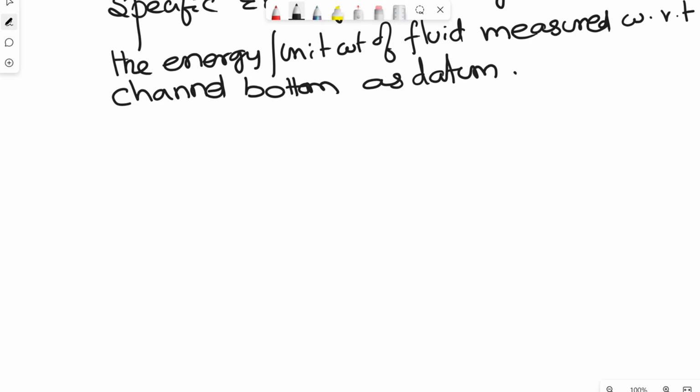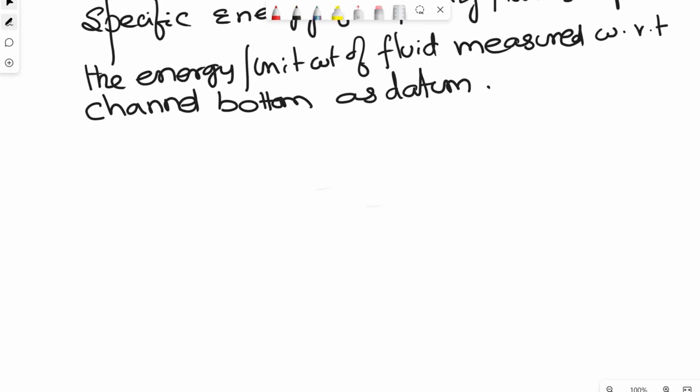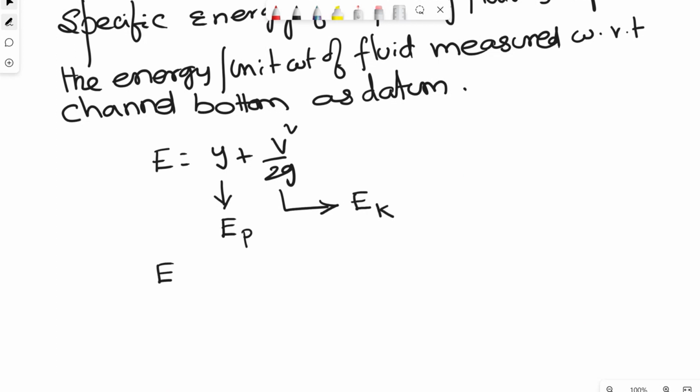So now what is the equation I mentioned? The specific energy equation is E is equal to y plus V squared by 2g. In this, the first term is called EP, and the second represents EK. E is equal to EP plus EK. What is EP?